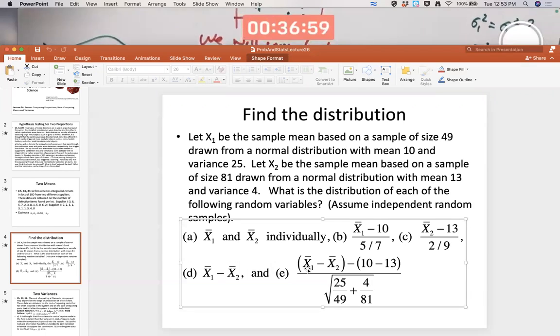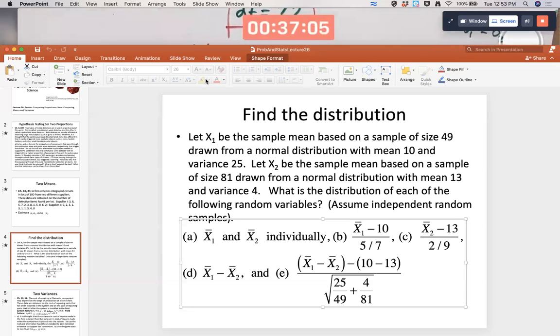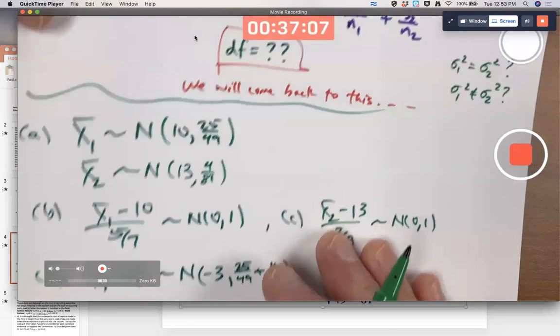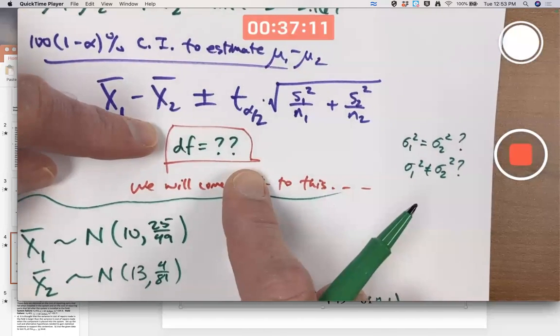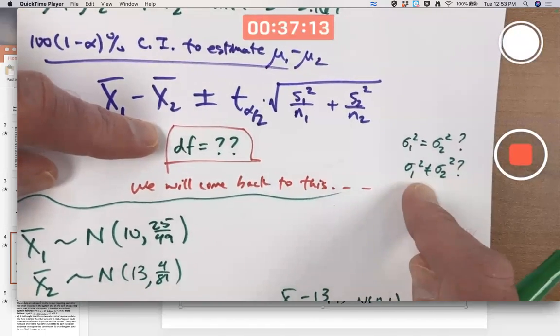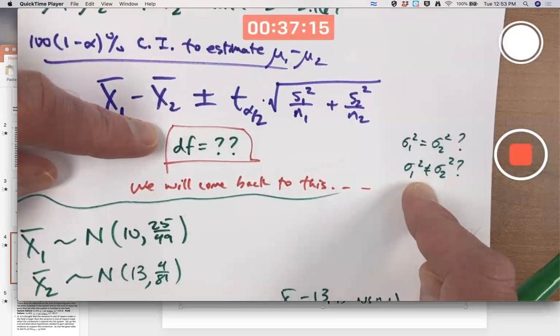That's going to be useful in inference now, confidence intervals and hypothesis testing. But now we're going to come back and start to address this question by first addressing this question. How do you know whether variances are equal or not? We have to do a new test.